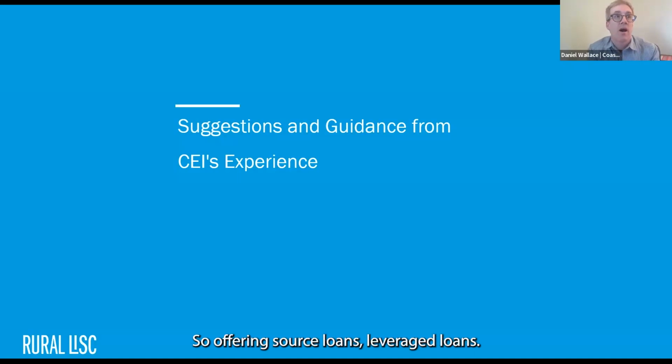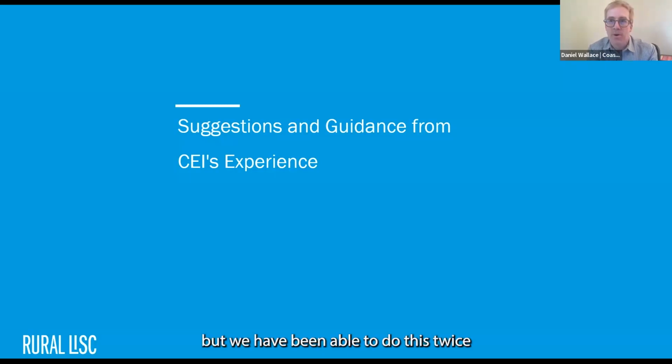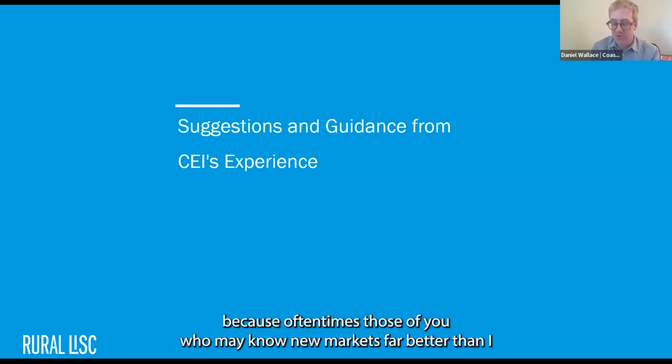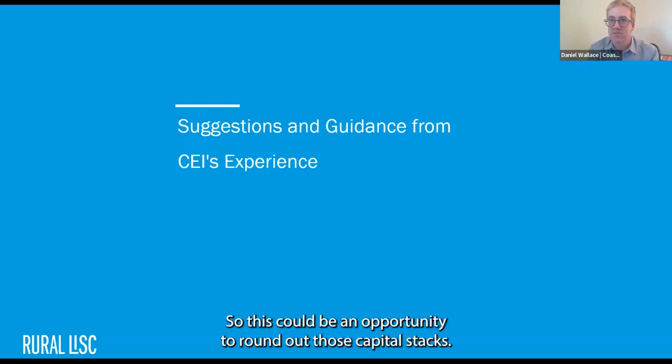So offering source loans, leverage loans. I am not a new market tax credit expert at all, but we have been able to do this twice now and manage it. And it's really a nice way, because those of you who may know new markets far better than I do tell me it can be quite hard to find that leverage lending. So this could be an opportunity to round out those capital stacks.